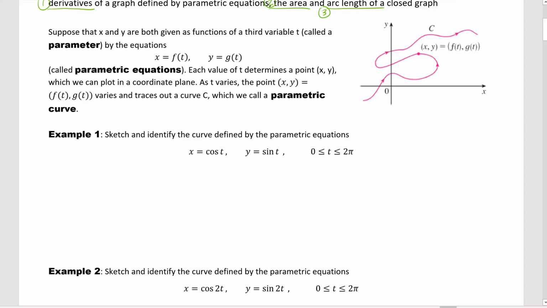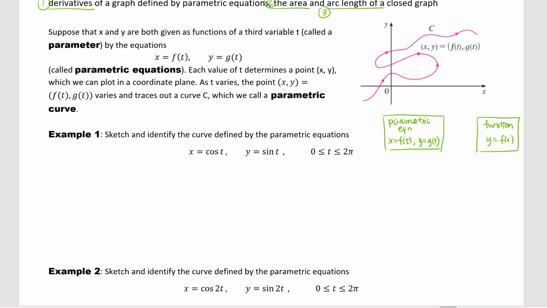Okay, so in this session we have two big concepts. We have parametric equations, where x is a function of t and y is a function of t. We can also have functions, like y as a function of x.